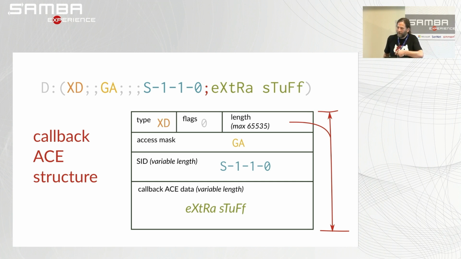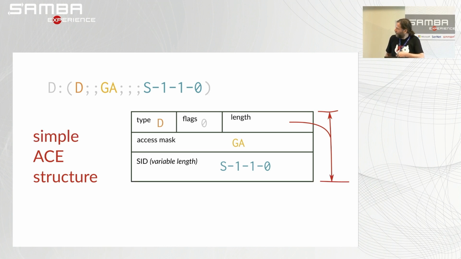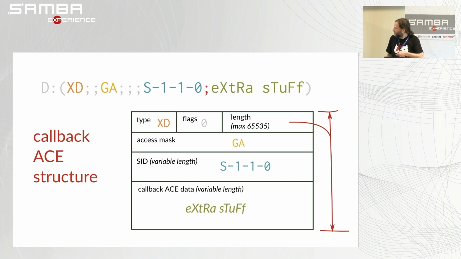The only way you know it's there is that the length goes further than the end of the SID. So that stuff down there is interpreted as the callback ace.